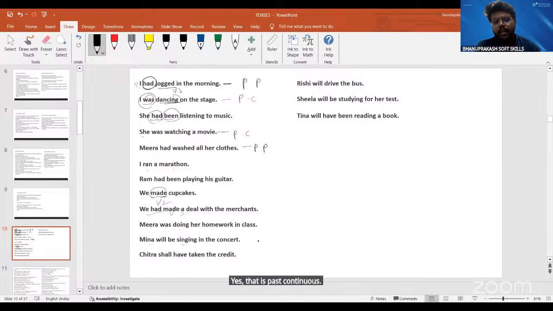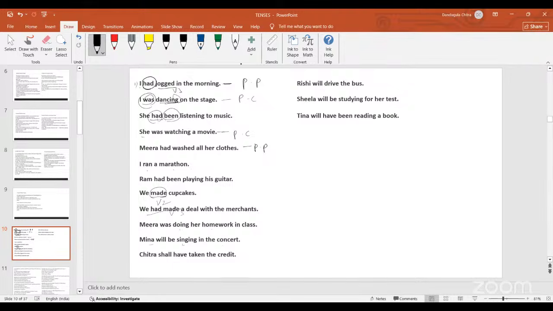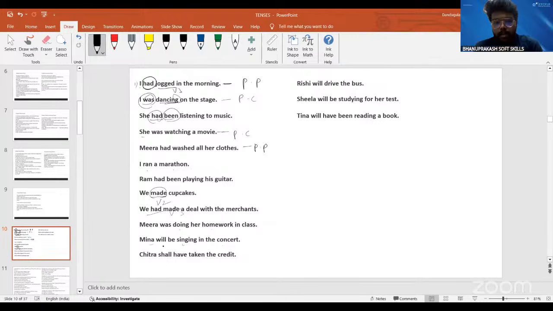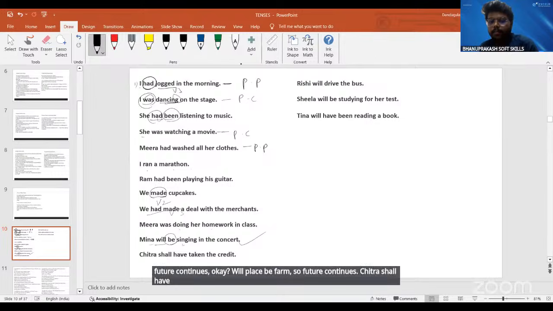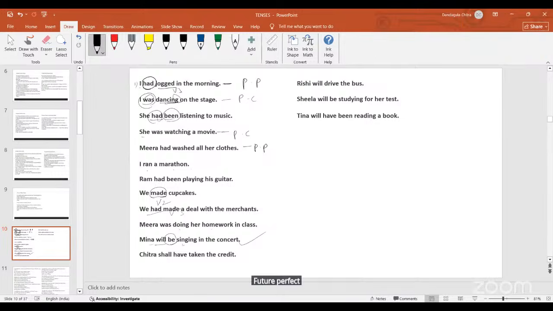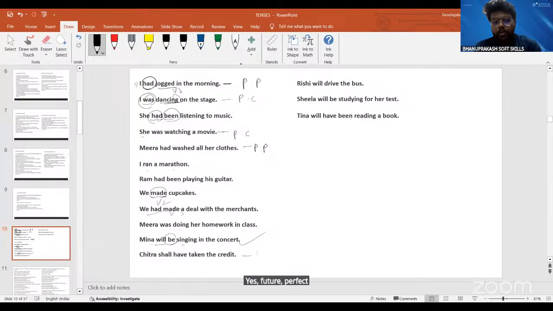Meena will be singing in the concert. Future continuous. Will plus be form. Chitra shall have taken the credit. Future perfect. Here don't get confused with shall. Will and shall can be used interchangeably.